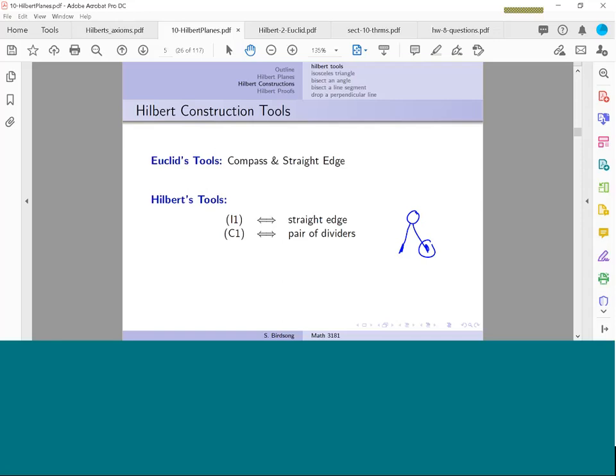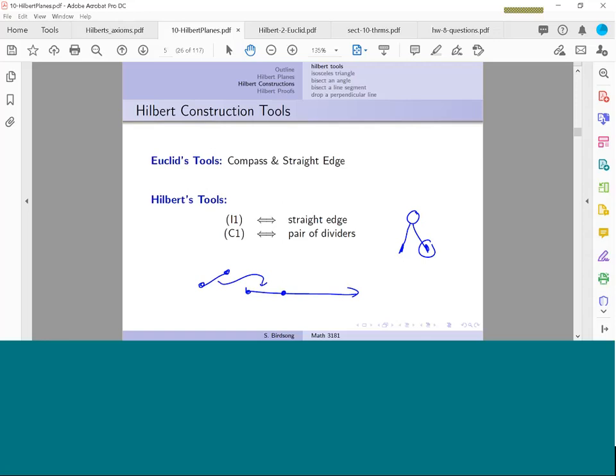Notice the advantages and the disadvantages of this pair of dividers. The advantage is that it can totally take your line segment from wherever, and it can measure off whatever that distance is and find where the new point needs to go on the ray. That's no worries. Okay? What it cannot do, though, is draw a circle because you don't have that writing instrument on the second edge.